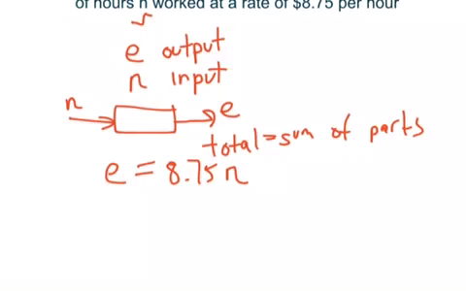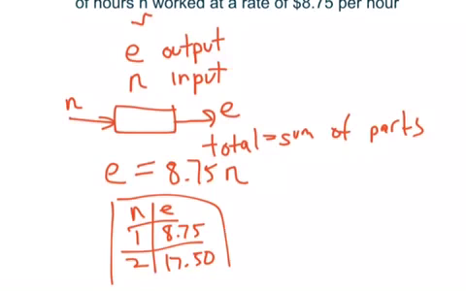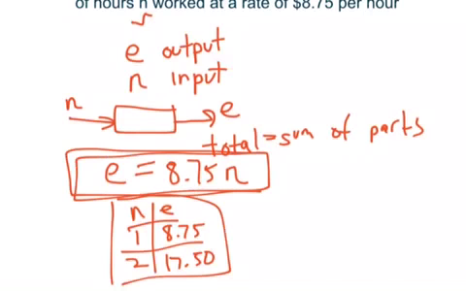If you work 2 hours, 2 times 8.75, you would make $17.50. And here that table shows it. But our answer is actually this function, since we're writing function rules.